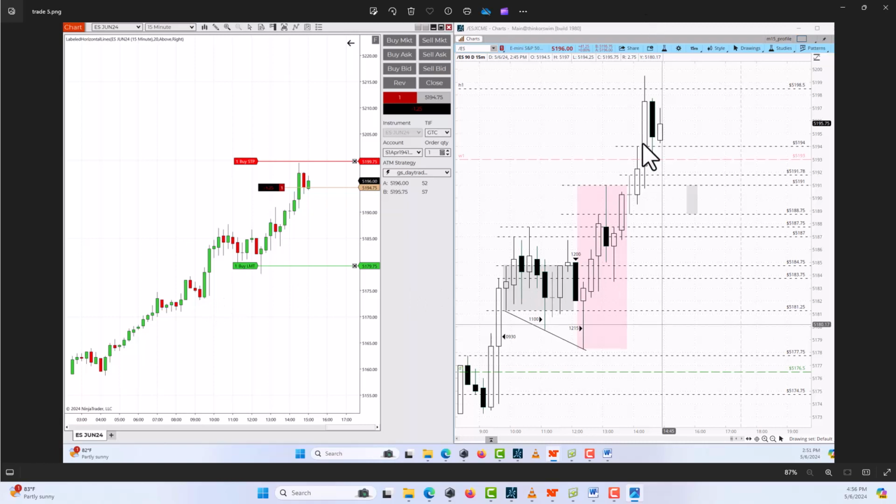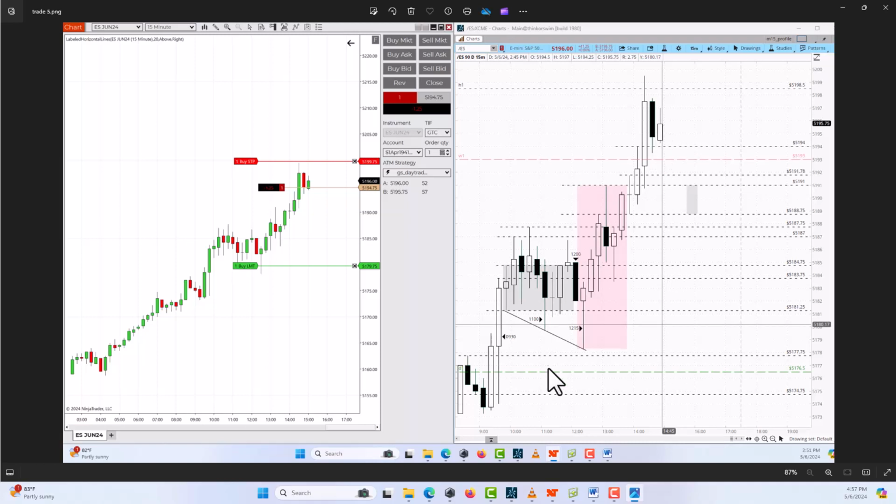By the way, the setup right here is our idea. We aim for the final hour. The idea is that we see the whole day is a rally, so we anticipate that the last hour, right there at 14:45, which is 2:45 p.m., about the last hour.